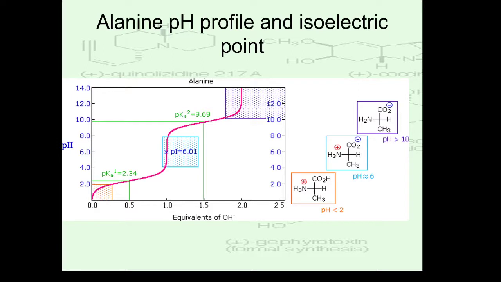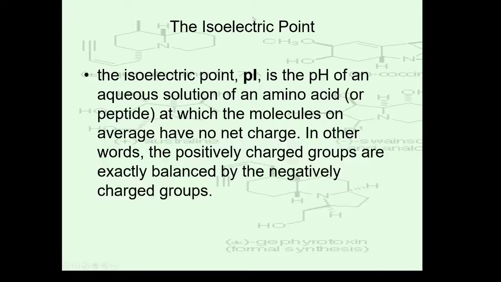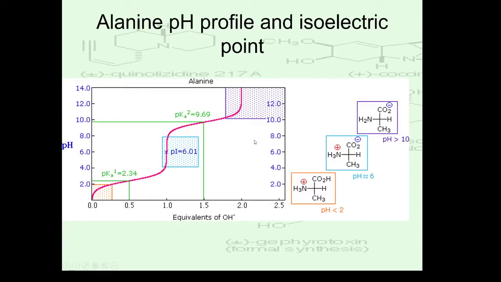But there is no negative charge to cancel it out, so therefore, going back to the previous slide, there's no isoelectric point. There's no pI, because again, there has to be no net charge.